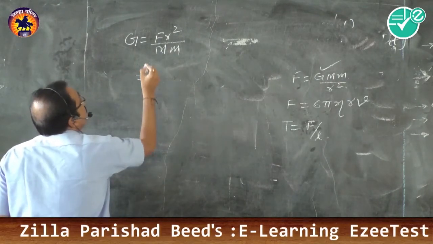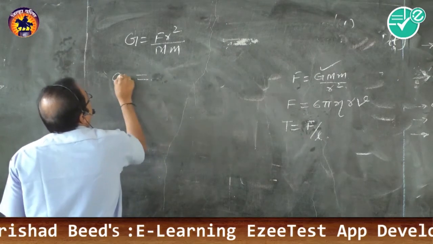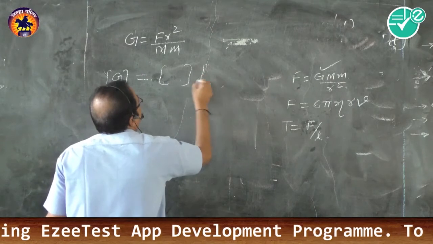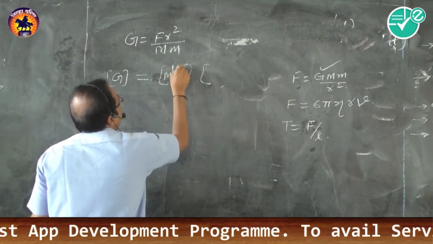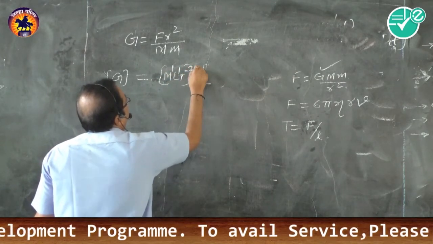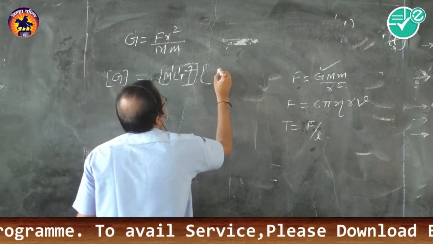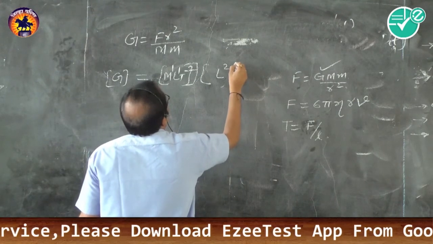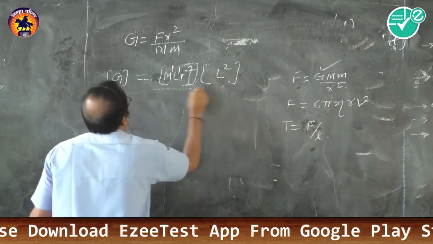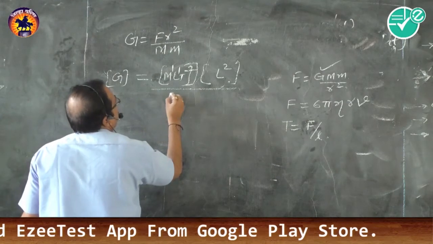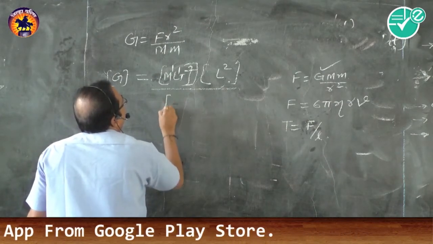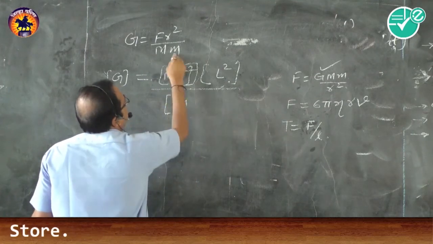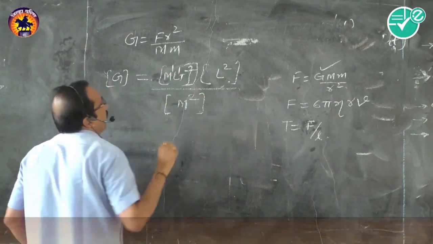So let us find the dimensions of G, which is equal to dimensions of F. What are the dimensions of F? M1 L1 T minus 2. Dimensions of r square, that is L2. And dimensions of mass, M2.